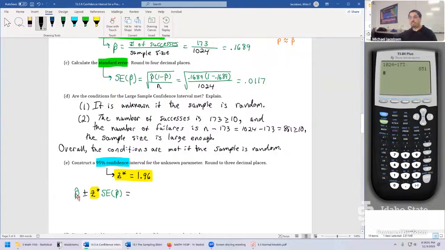Starting at the far left, the p-hat value is 0.1689. Add or subtract 1.96, the Z star critical number, and then multiply that against whatever the standard error turned out to be. That was in part C, 0.0117. So that's our entire confidence interval.